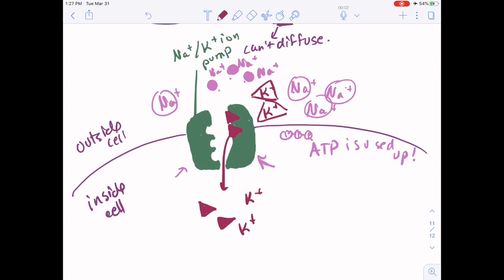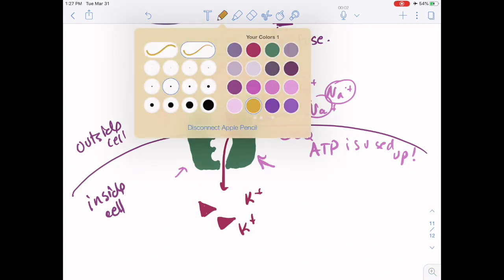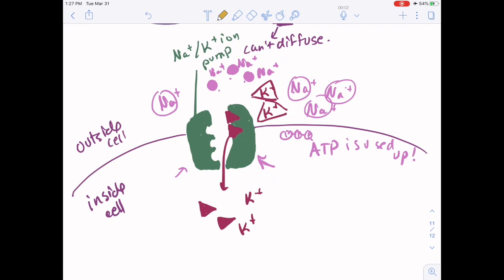So here are the details for the sodium potassium ion pump. ATP is used to move 3 sodium ions out and 2 potassium ions in.